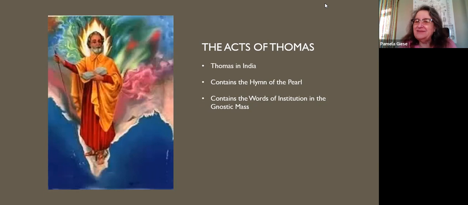Also in the Acts of Thomas, they go through the words of institution as he describes a Christian Mass, Christian Eucharist. And we still use some of those words in our Gnostic Mass today. And then there is a lot of other things.